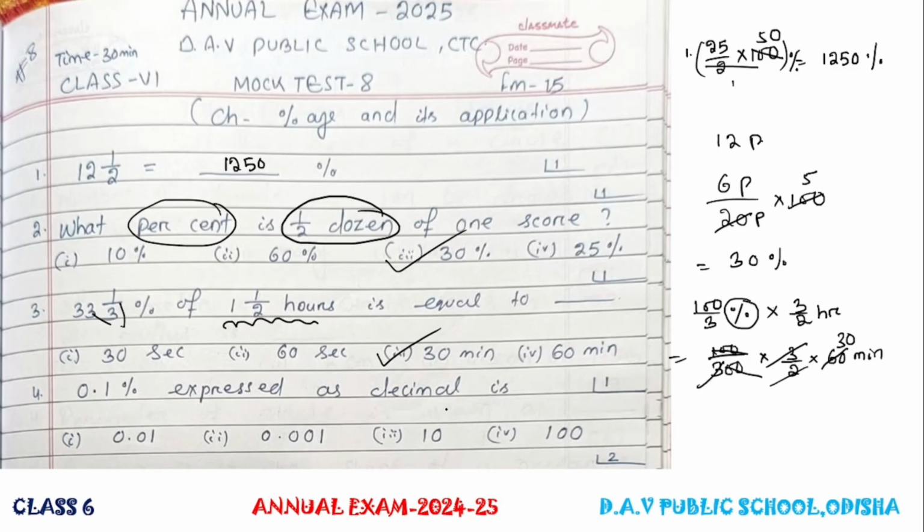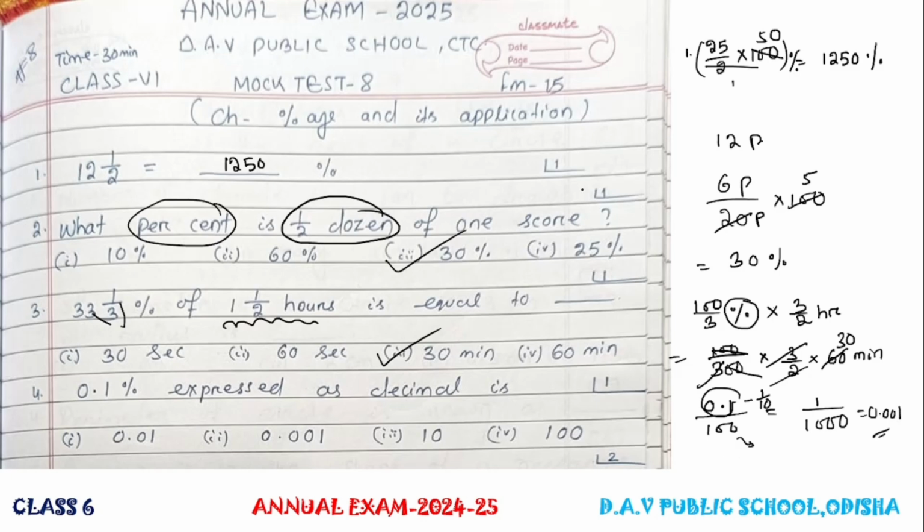0.1 percentage expressed as a decimal. We can write 0.1 percentage means divided by 100. When you convert into percentage, then we multiply. If the percentage is given, then we divide by 100. Now 0.1 divided by 100, we can write 1 by 1000, because 0.1 is 1 by 10, already in the denominator, that is 100 into 10, that is 1000, that is 0.001.